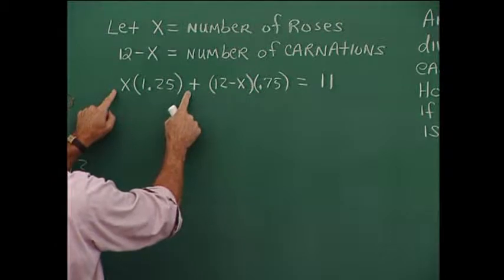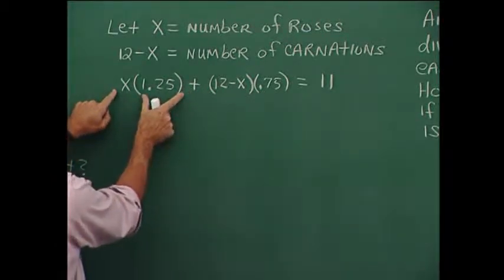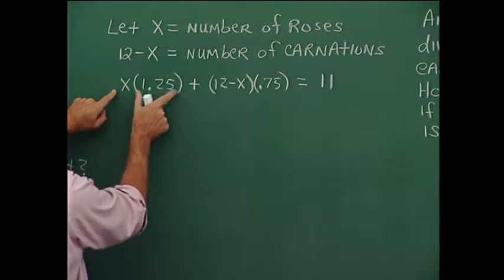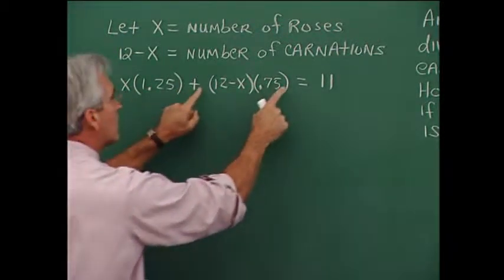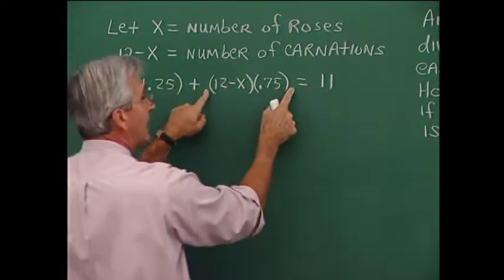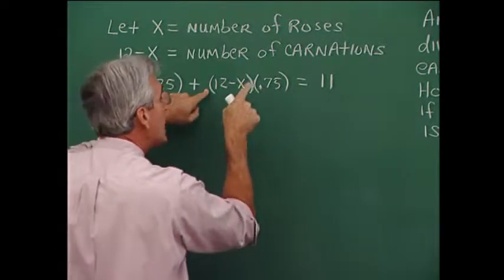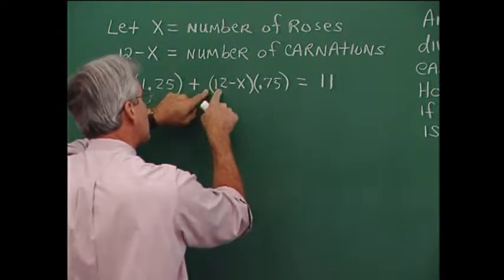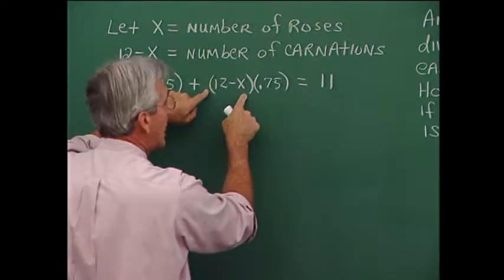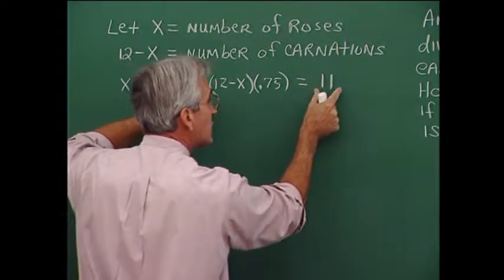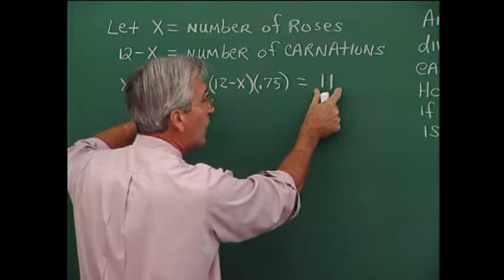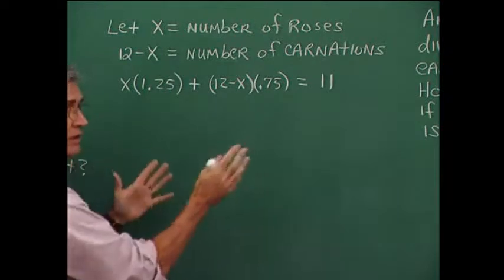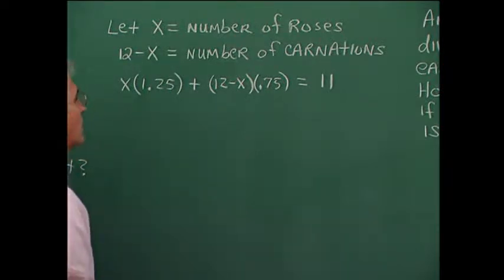If I multiply here by 100, this decimal point would move two places to the right, and I would have 125x. Over here, for this term, I would multiply by 100, and I would elect to multiply that 100 into that factor right there and make this 75, and then 75 times the 12 minus x. You see, that would be the idea. And then this has to be multiplied times 100 as well, so I'd have 1100 on the right.